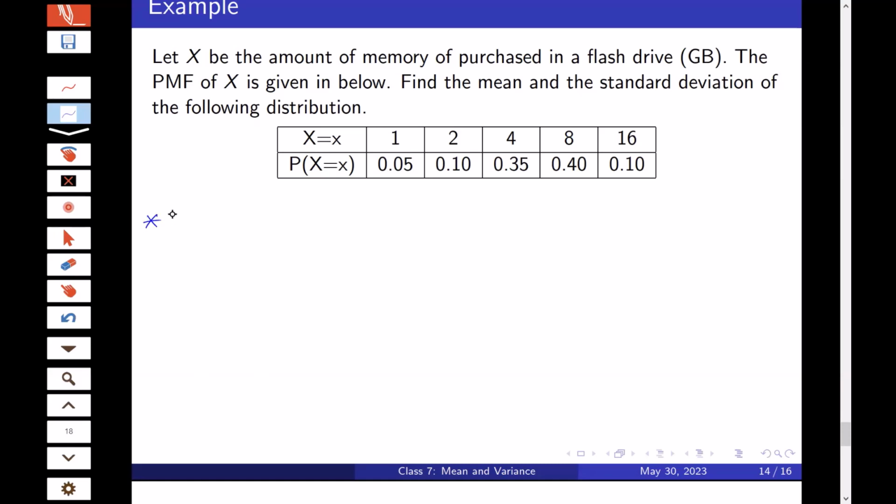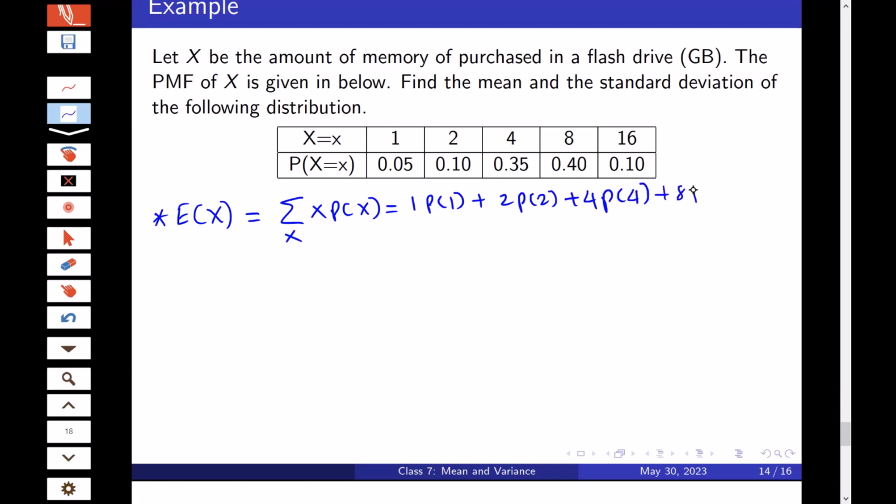So let's find the mean first. Expected value of X, by the definition, is the sum of x times P(x), which is 1 times P(1) plus 2 times P(2) plus 4 times P(4) plus 8 times P(8) plus 16 times P(16).